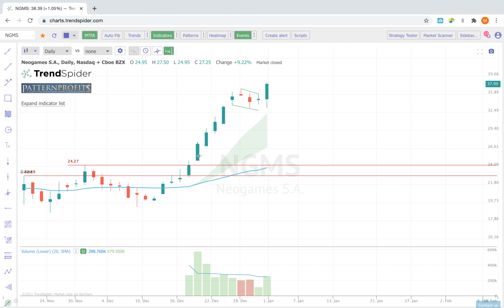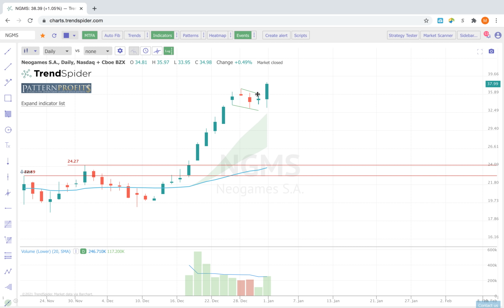This one went from 24 to 38 rather quickly, and even back here when it was at 35, you kind of wait for this flag to form. Three days here is very, very quick, but it can be managed with price or with fast moving averages. The 8 period EMA is popular. Some even use a 4 period EMA.